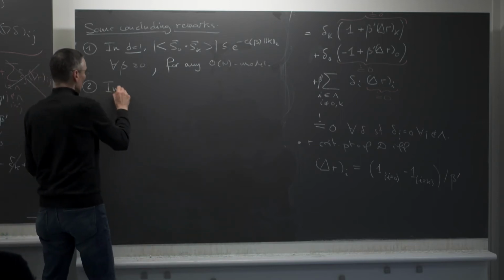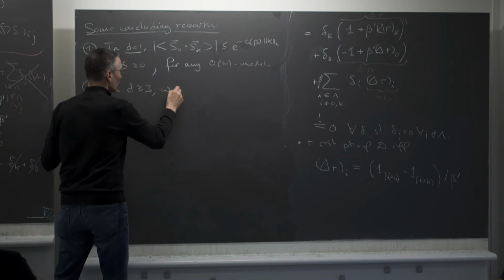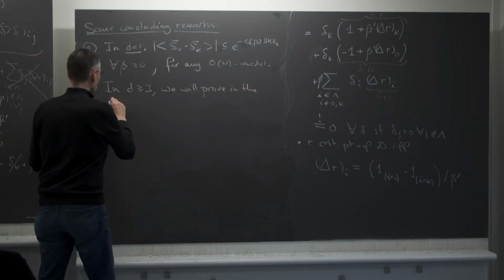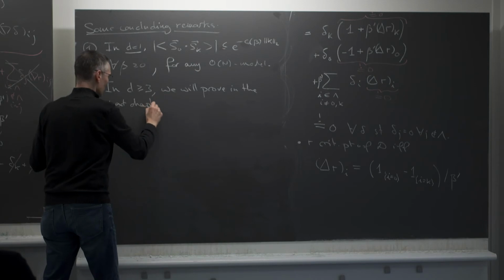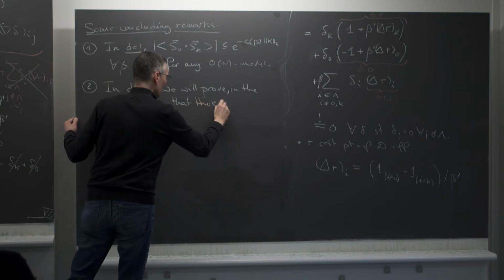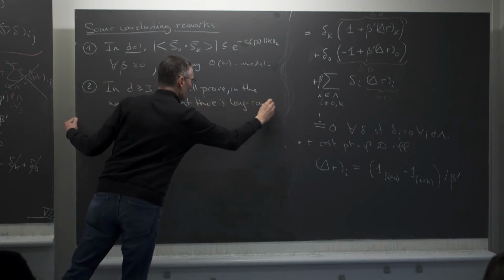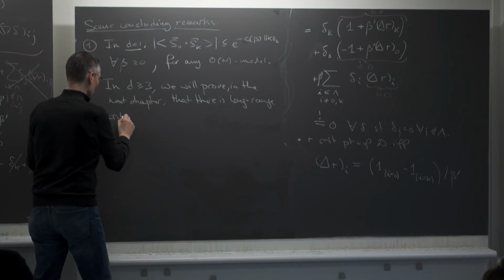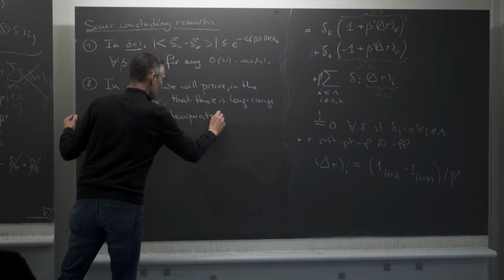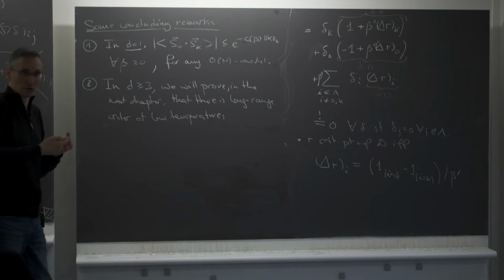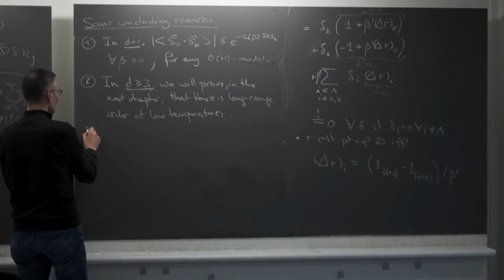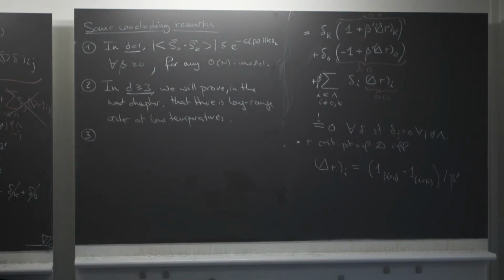So in dimension greater or equal to 3, we will prove in the next chapter that there is long-range order at low temperatures, so for large beta. So in particular, there is no decay. The two-point function does not decay. Okay, so nothing to prove there, dimension 3 and higher. The most interesting case is, of course, dimension 2. It's the one we have been working on.